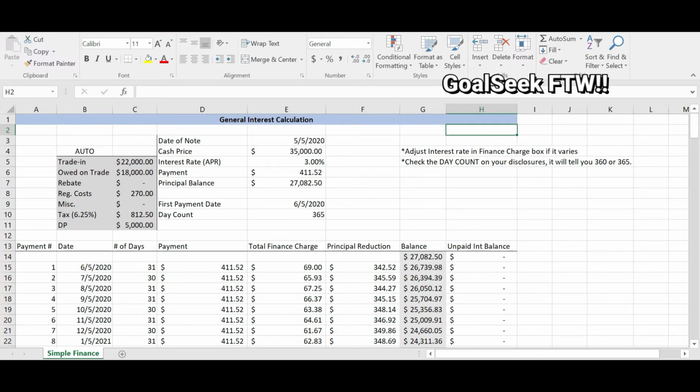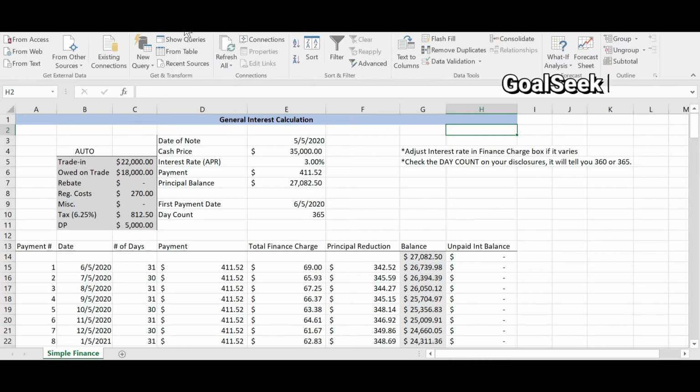And I think I have this section blocked off up here, but it's under the Data tab, What-If Analysis, Goal Seek. So if you use this, you can figure out what your payments are going to be or what your cash price is going to be if you know what you want as your monthly payment.